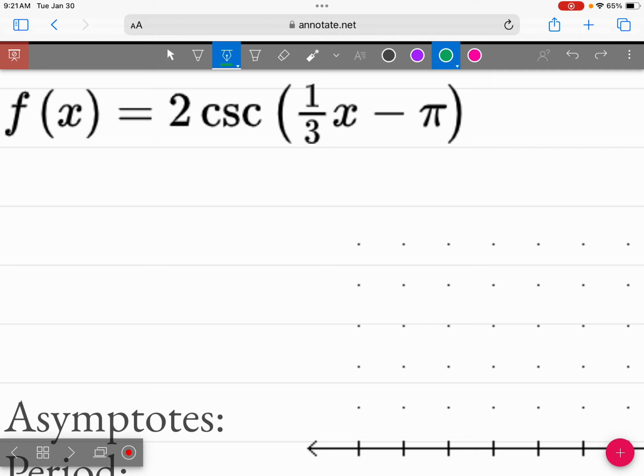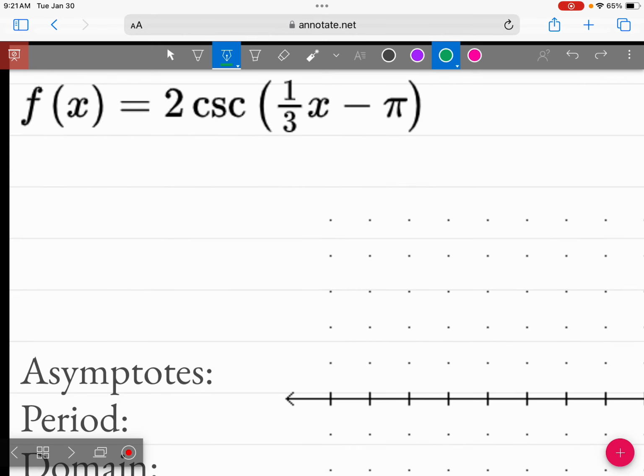So let's start with our period and amplitude, those things that are easy to pull out. The period is still our 2 pi over b. So in this case, what is our b? 1/3.